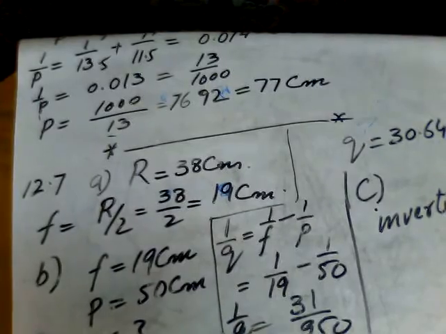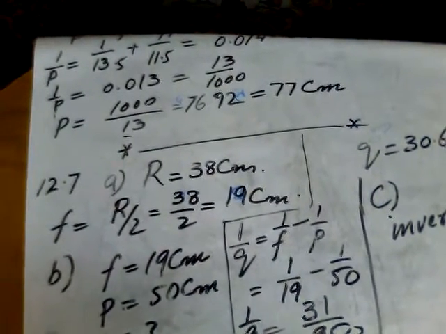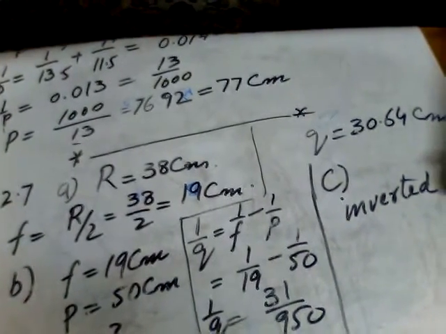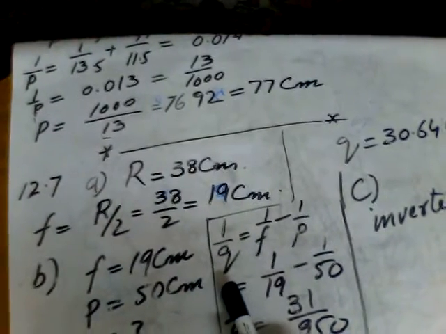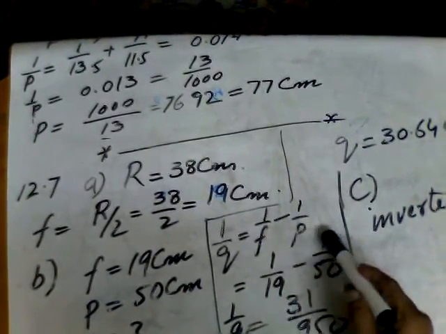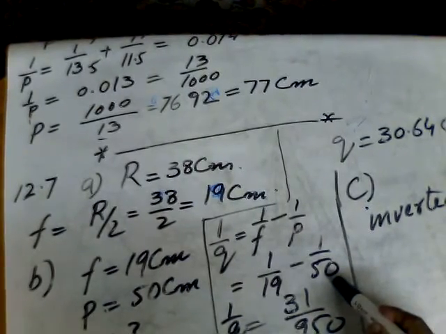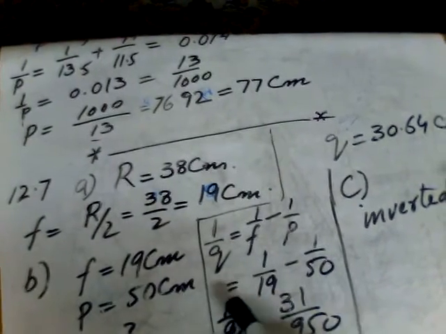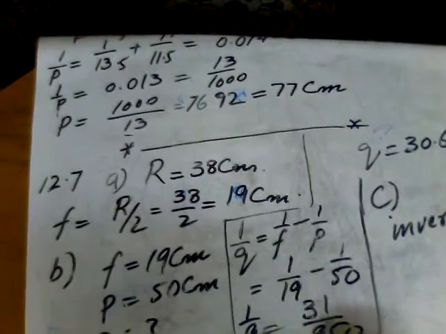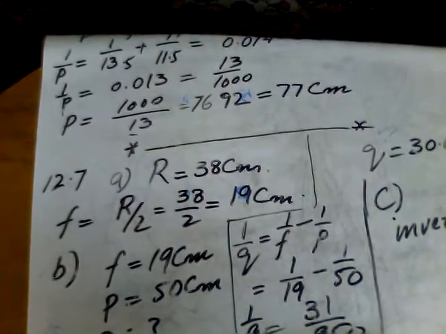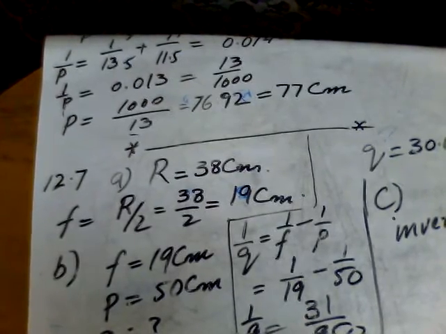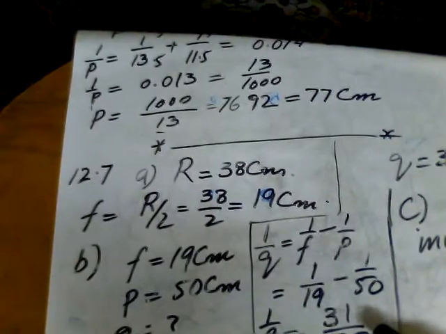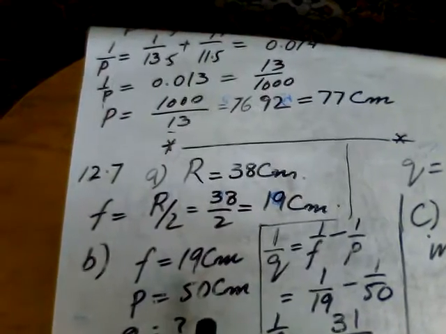So the mirror formula is 1 over F equals 1 over P plus 1 over Q. By rearranging, because we have to find the value of Q, it becomes 1 over F minus 1 over P. By placing the values and taking the LCM, simplifying, we get 31 over 950. 1 over Q is equal to 31 over 950, and we have to find the value of Q. We invert, so Q equals 950 divided by 31.